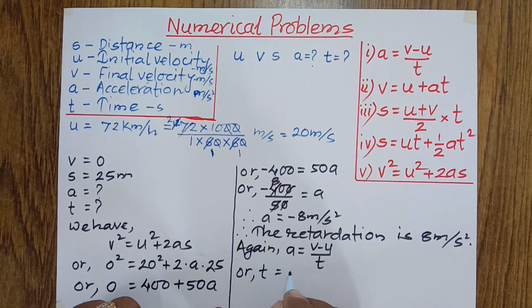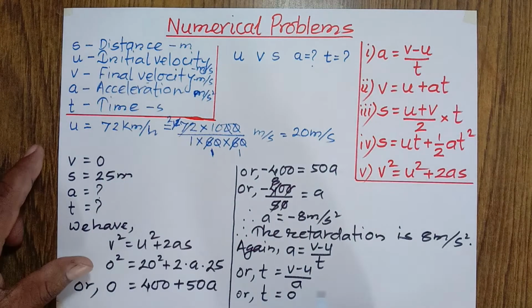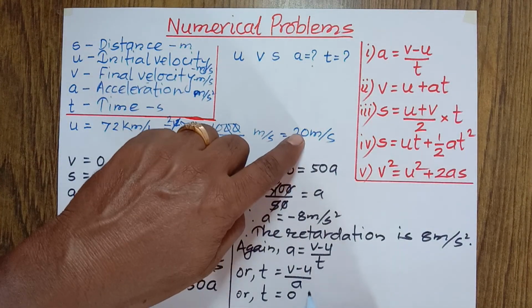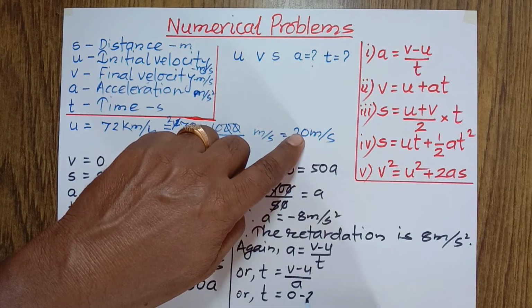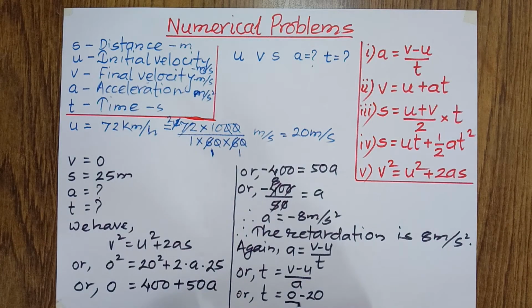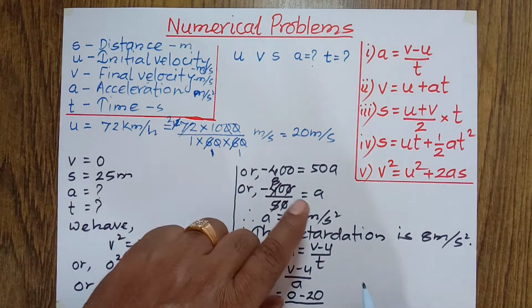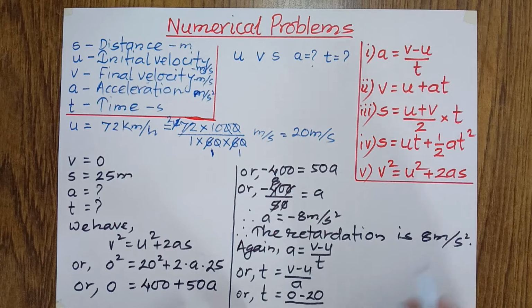T is equal to V minus U by A. Now we can write the value. T is equal to V is 0. U is how much? U is given here, U is 20. Acceleration is how much? Just now it is calculated. Acceleration is minus 8.